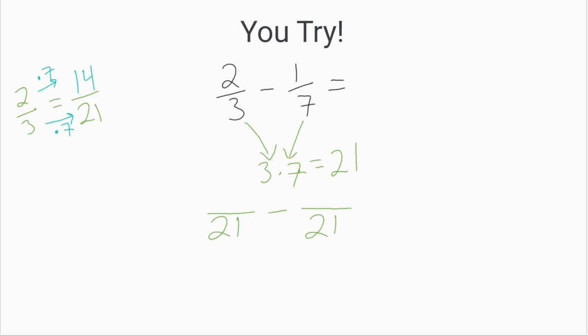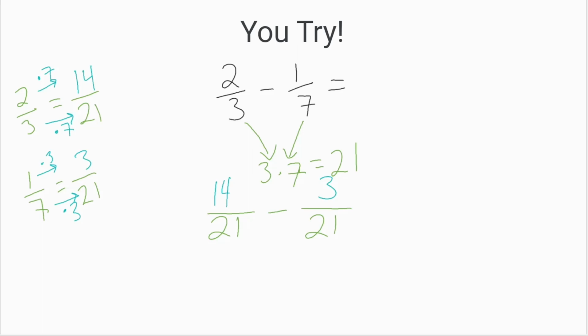We get 14. Now I need to do the same thing for the second fraction, 1/7. How did we get from 7 to 21? Well, we multiply by 3. 1 times 3 gives me 3. That's my second new numerator.